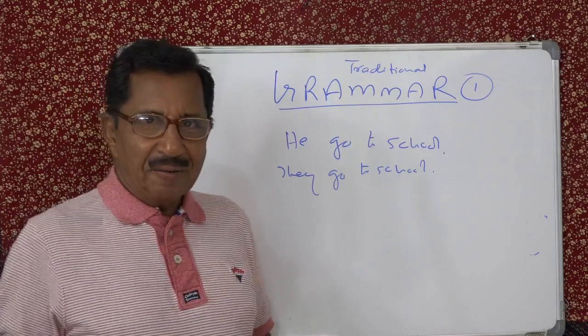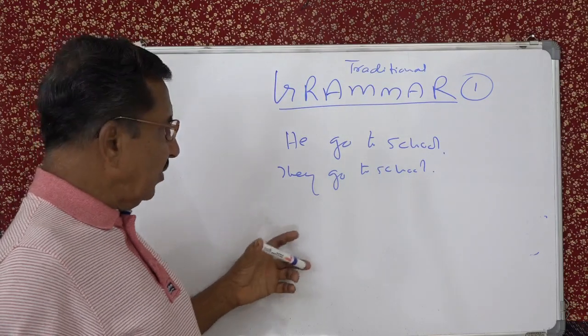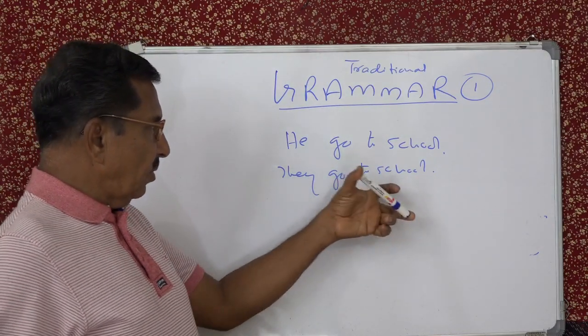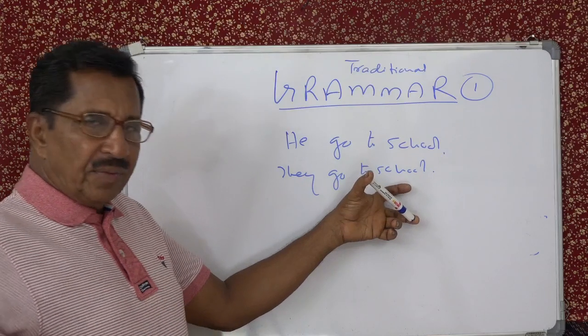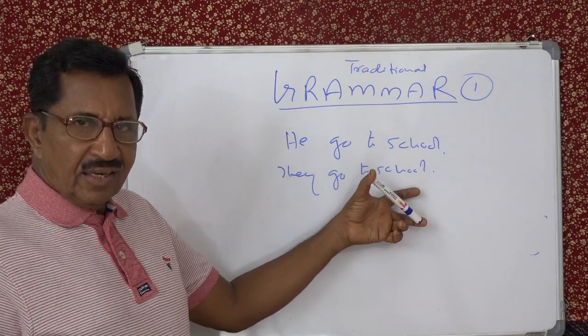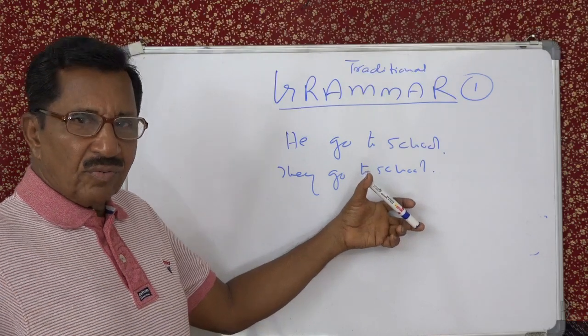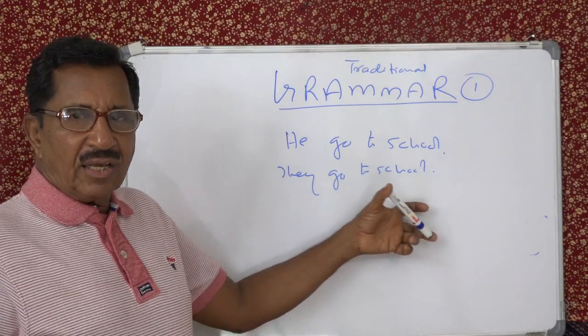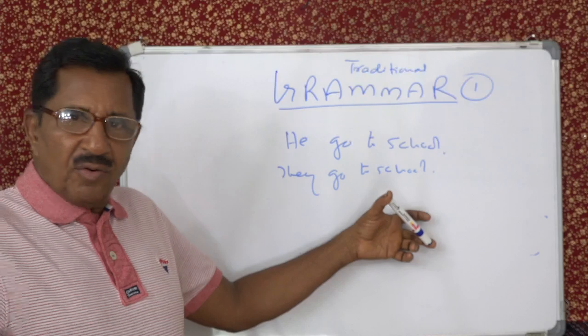Good or bad. Now you will describe. How will you say? Subject, verb, object. I mean not object but the place where you are going. Isn't it? Go to school. This is the intransitive verb, so it cannot have an object.